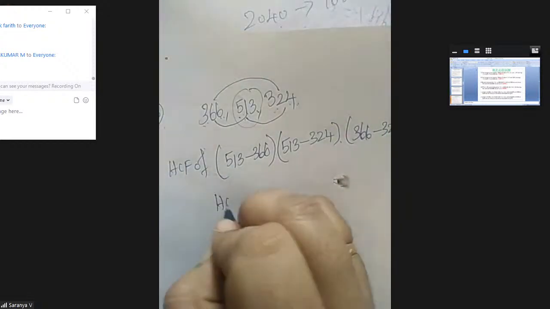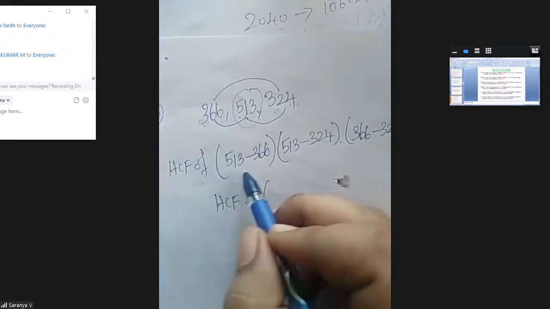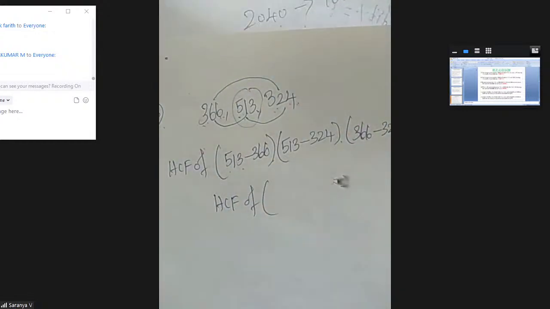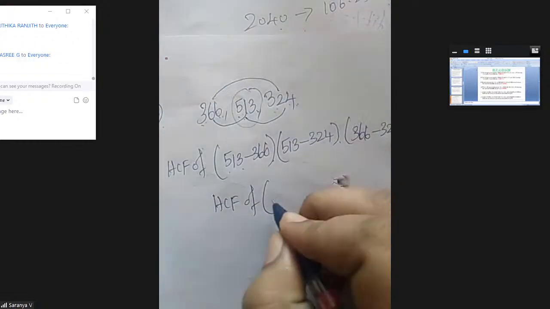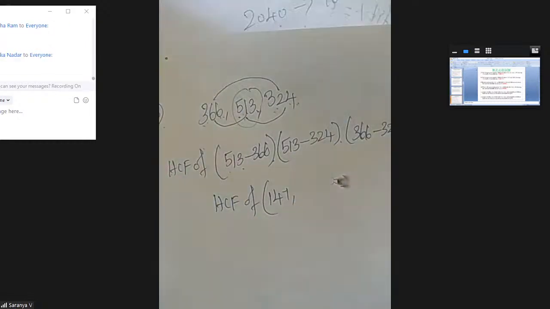So you have to find the HCF of the differences. What is the difference between 513 and 366? Yes, 147. And next, the difference between 513 and 324?